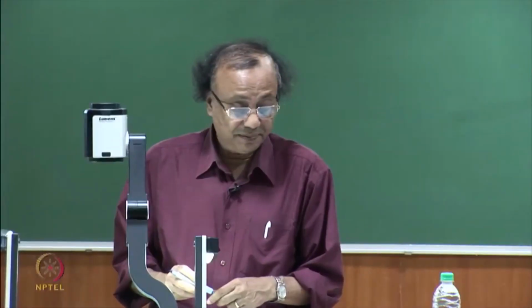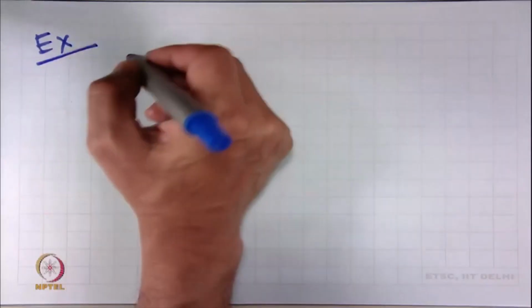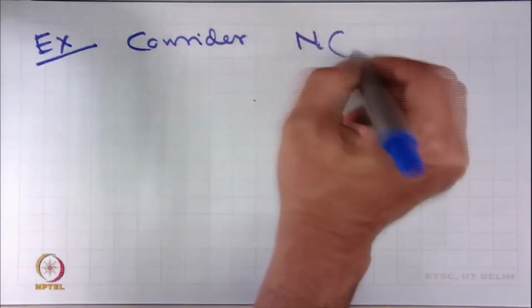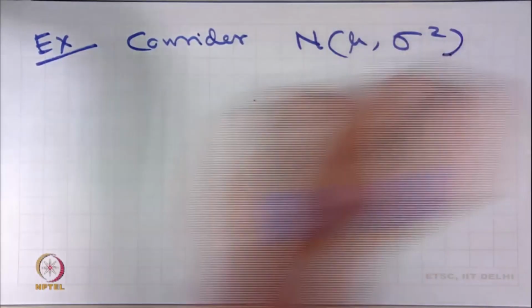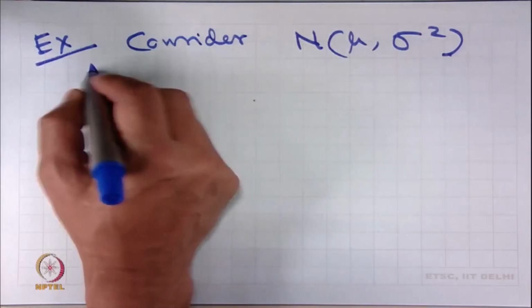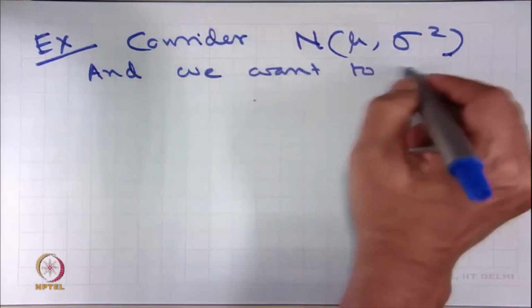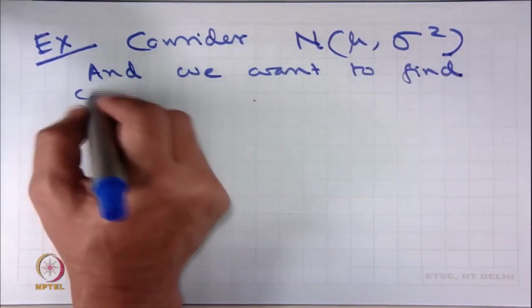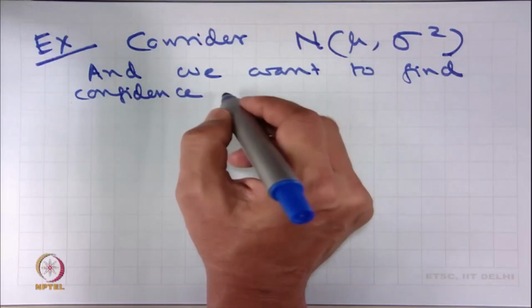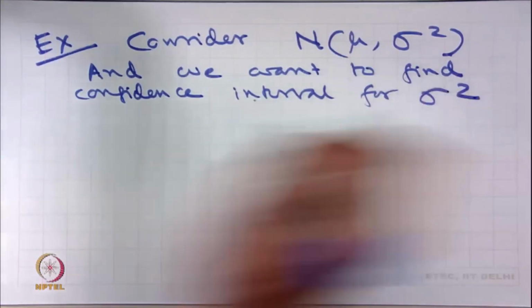Let us look at another problem. Consider normal(mu, sigma square), and we want to find a confidence interval for sigma square.